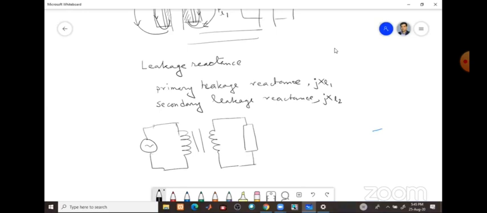These two lines are used for the ferromagnetic core. When there is no core, the lines are omitted. So that you should remember. These are the basic symbols of a single phase transformer.